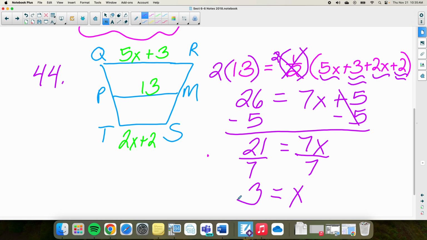Now what we have is they're asking us for TS, which is right here, the 2x plus 2. So TS would be 2x plus 2, and then I just put that x in there. So I put 3 in there, so it'd be 2 times 3 plus 2, which is 8.